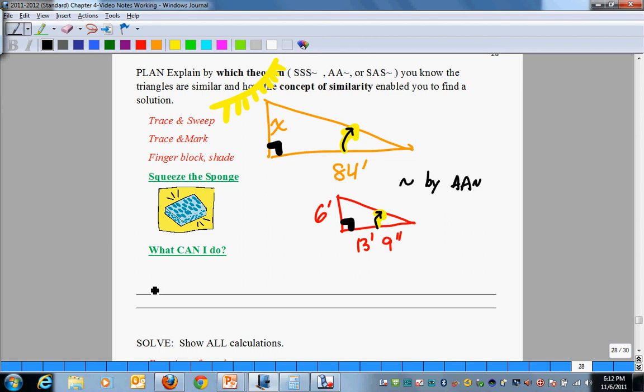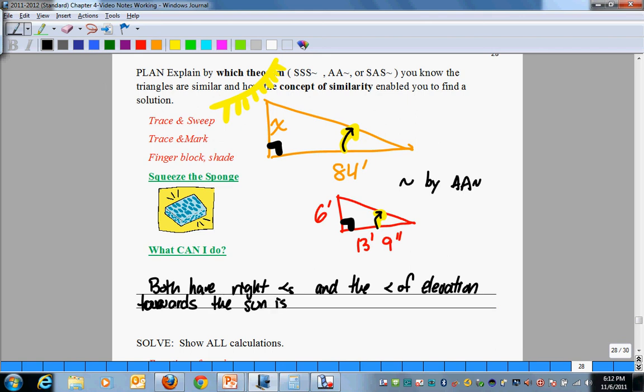Both have right angles, and the angle of elevation towards the sun is also the same. So the triangles are similar by angle-angle similarity.